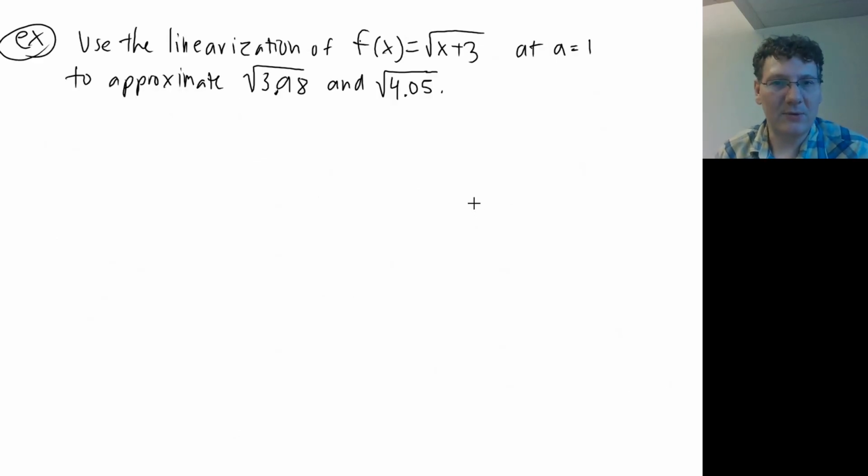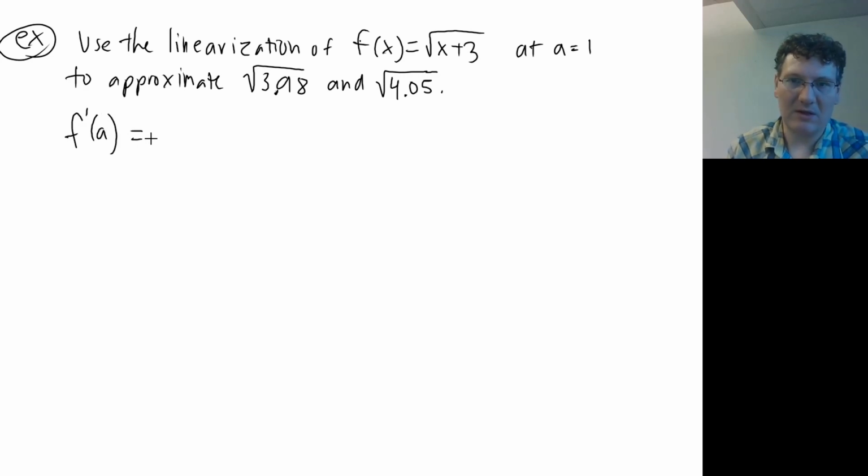Okay, so we'll use the linearization of this function f of x equals square root of x plus 3 when a equals 1 to approximate a couple of square roots, the square root of 3.98 and 4.05. So the derivative f prime of a, this is what we're going to need. This is going to be 1 over 2 square root of a plus 3.